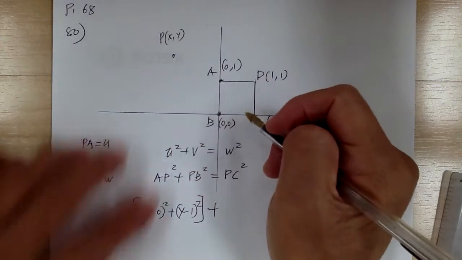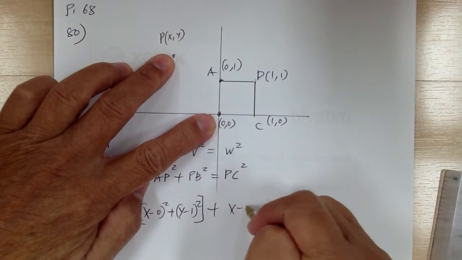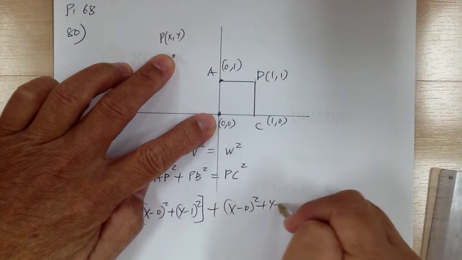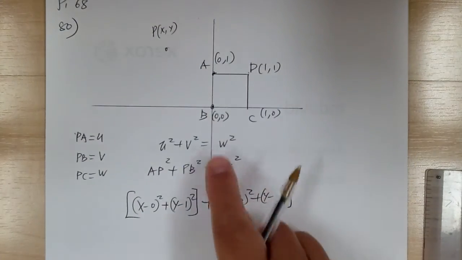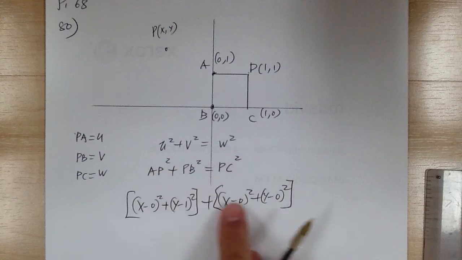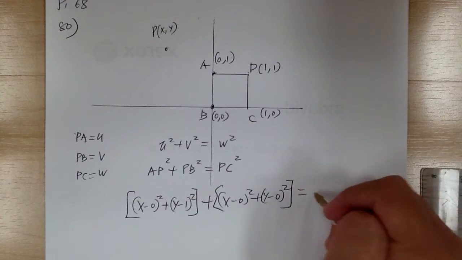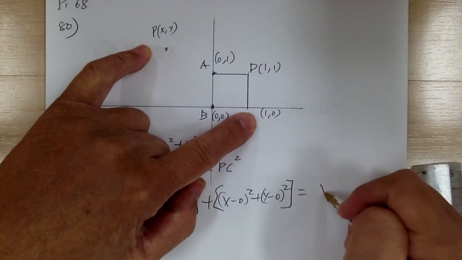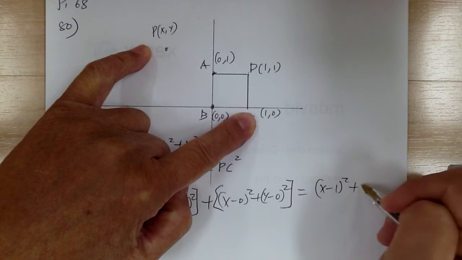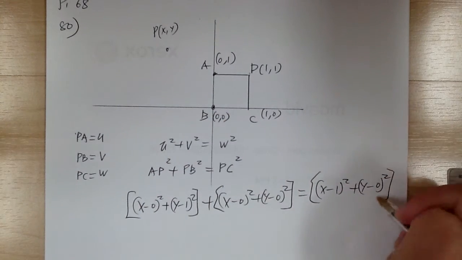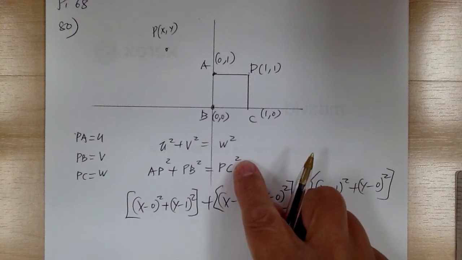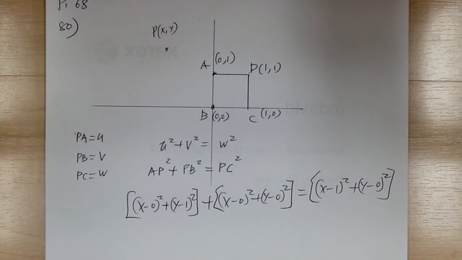Now PB squared would be x minus 0 squared plus y minus 0 squared. And PC squared would be x minus 1 squared plus y minus 0 squared. Again, normally we take the square root, but because of the square, it cancels out.